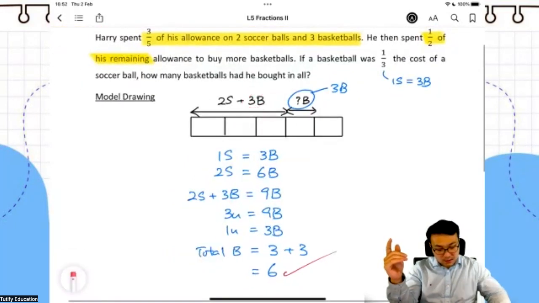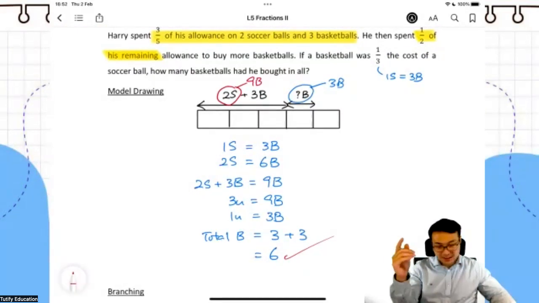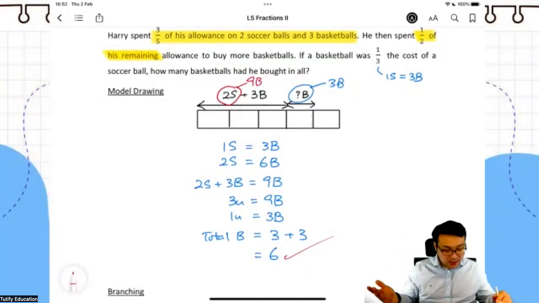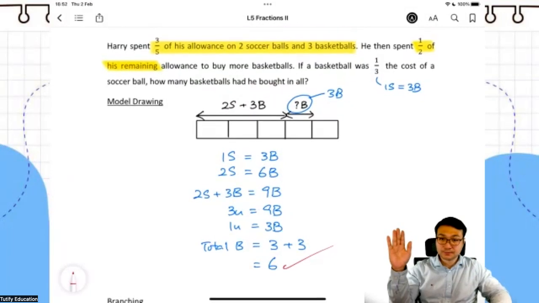That's all. Please do not get confused by this. This is equivalent to 9 basketballs. It is just equivalent. I'm just doing my workings in order to find the units. But he did not actually buy so many basketballs. In actual fact, he bought 2 soccer balls, okay? And 3 basketballs. That's the reality. Any questions, students? Raise your hand.